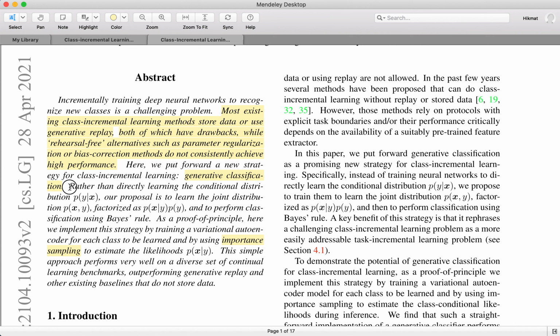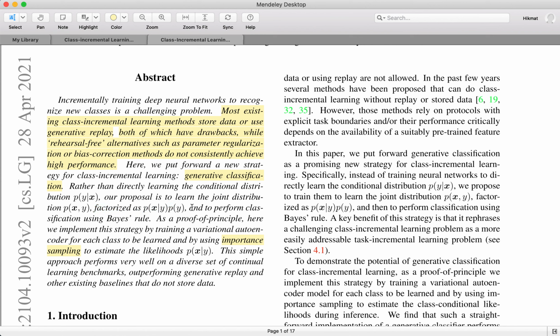Rather than directly learning the conditional distribution like P of y given x, the author proposed to learn the joint distribution P of x and y, which is factorized like P of x given y times P of y.